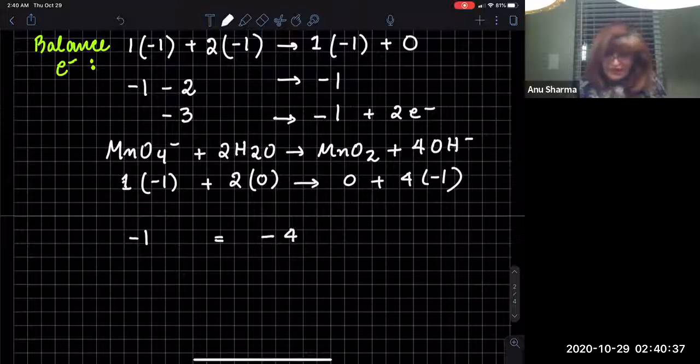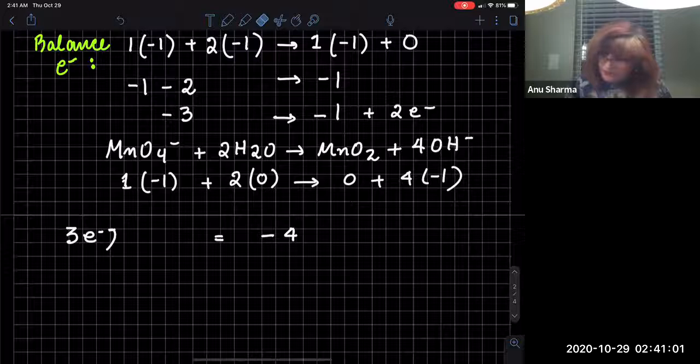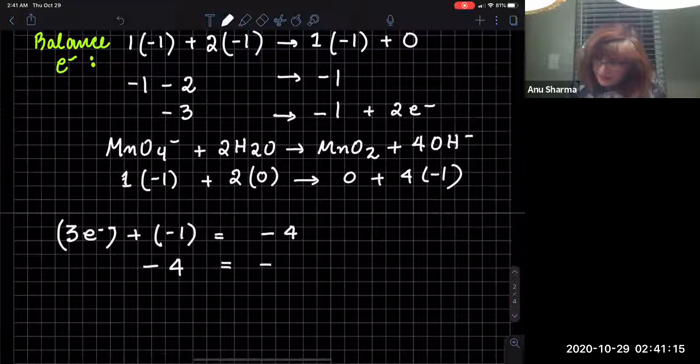So in this case, for the reduction, we add the electrons on the left-hand side. If you add 3 electrons to the minus 1 charge, this really is minus 4, and this is minus 4.